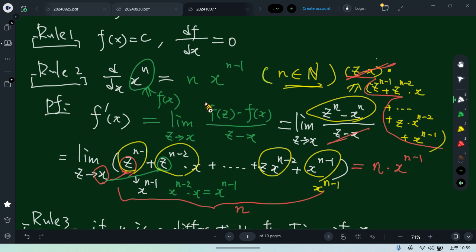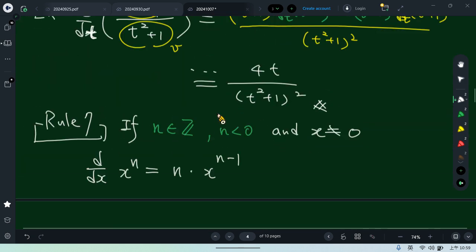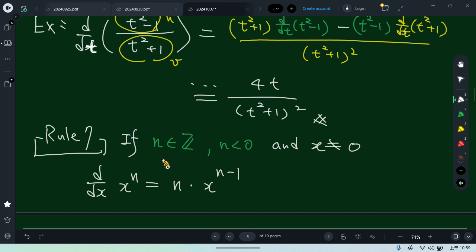You can see it's also talking about differentiating x to the power n. But the only difference is that here n should be a positive integer, but here it is for negative integers.